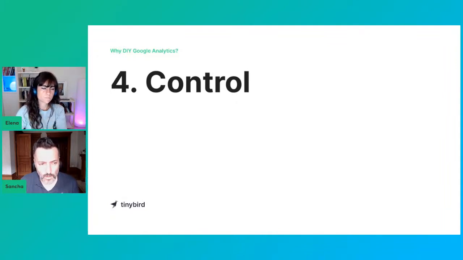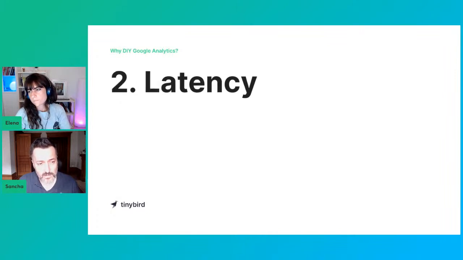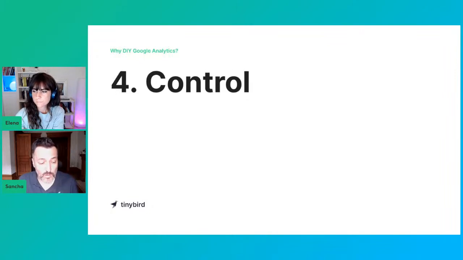So those are the four reasons: privacy concerns, latency. You want to have the data as soon as possible if you want to be able to act over it. Completeness. You want to have the best possible picture in order to be able to draw the right conclusions. And then control is you want to be able to do as much as possible with the data.